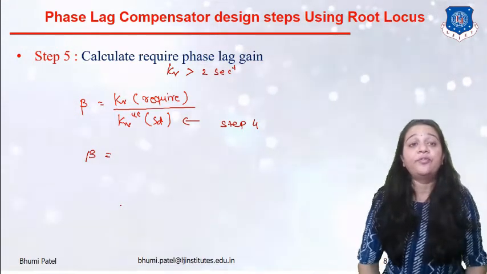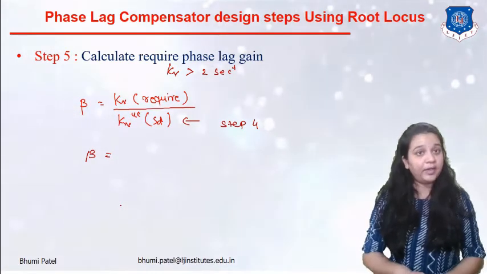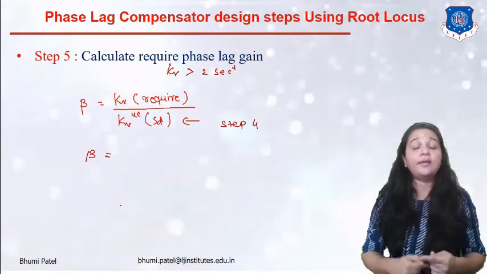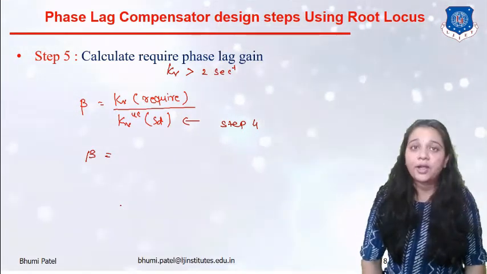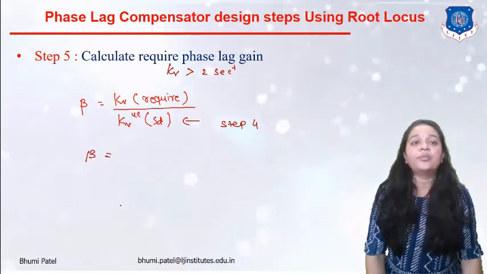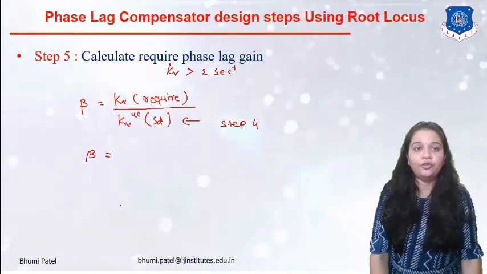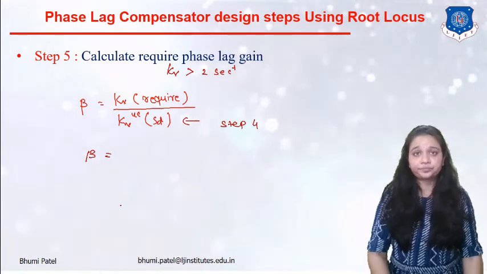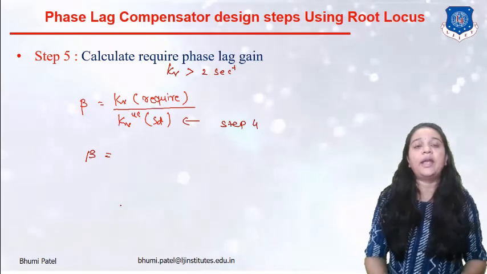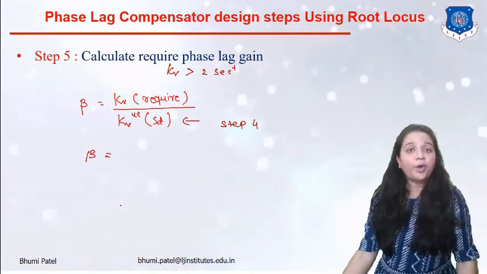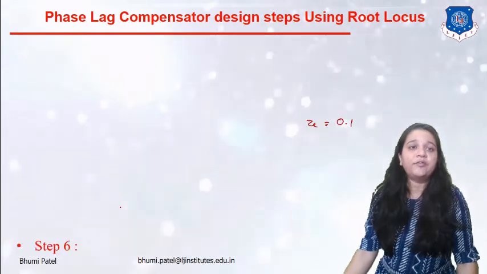So if Kv compensated is not greater than Kv required, we go back to step number 5 and calculate the value of beta again. We can apply this repeated method and get the proper performance of the system.